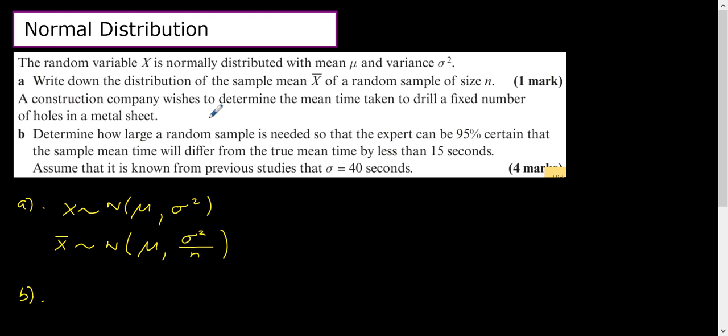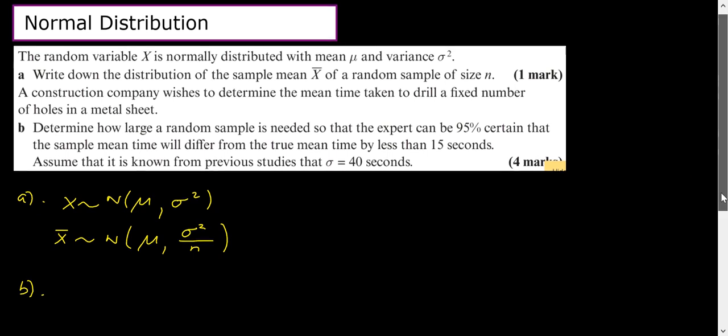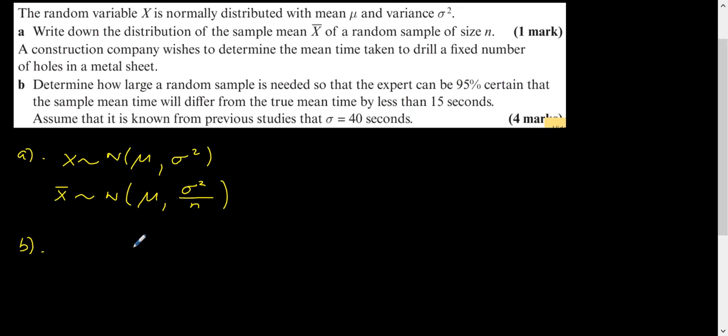Assume that it's known from previous studies that sigma equals 40 seconds. Wow. Now, as you know, whenever you're trying to work out mu or sigma or both, or they're unknown, we looked at the Z distribution. And this is no different, all right?